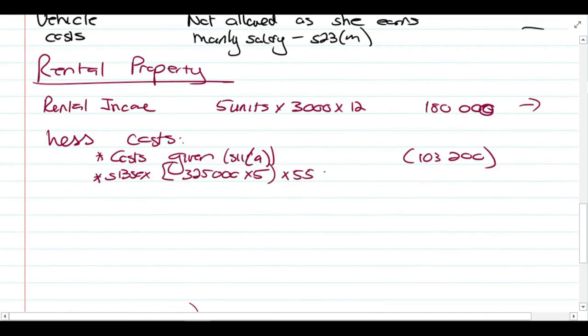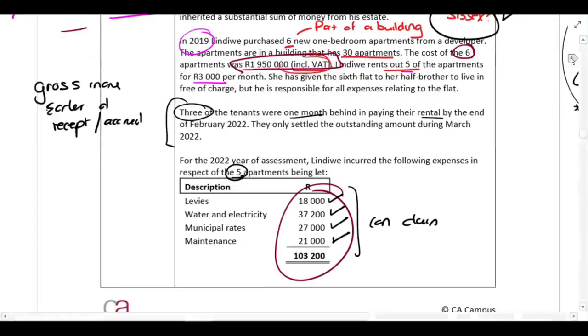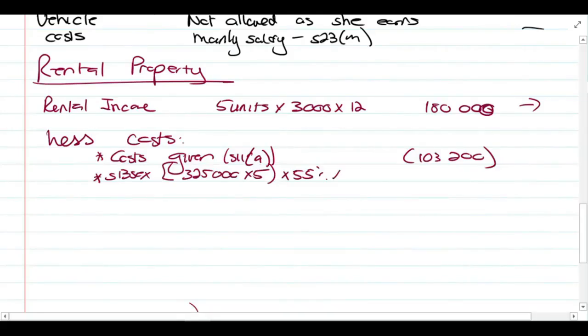We multiply that by 55% because we've got 6 apartments in a 30 apartment building, so we've got a part of a building, remember that? And we multiply it by 10% because it's low cost residential units. Usually it's 5% if it's not low cost residential units, but we use 10%. It's 89,375. So if we add all of this up, it gives us an assessed loss from this trade.